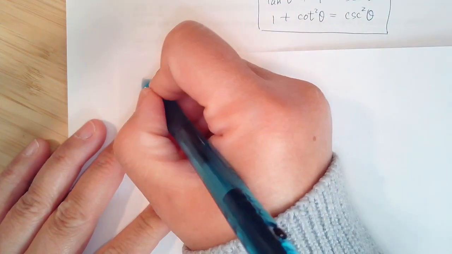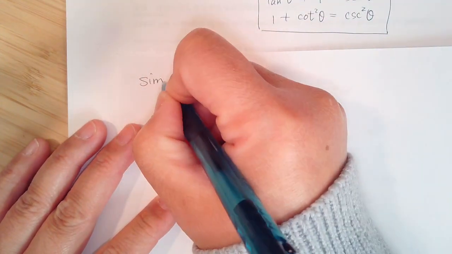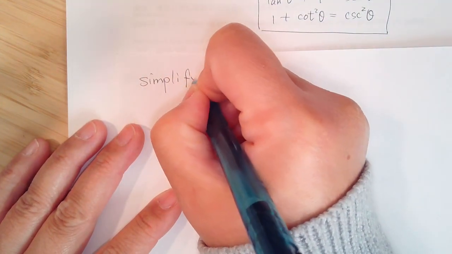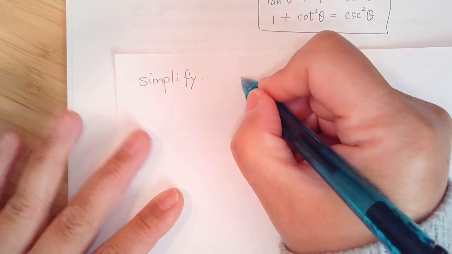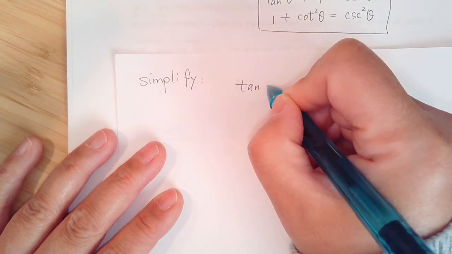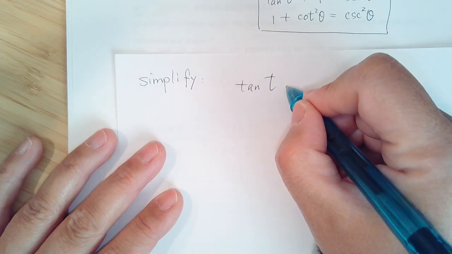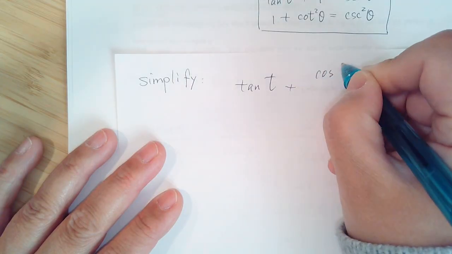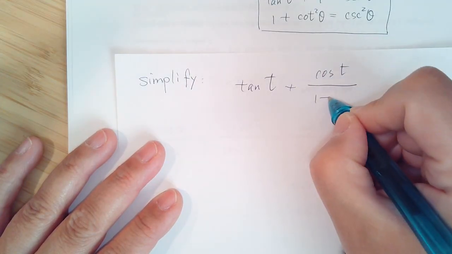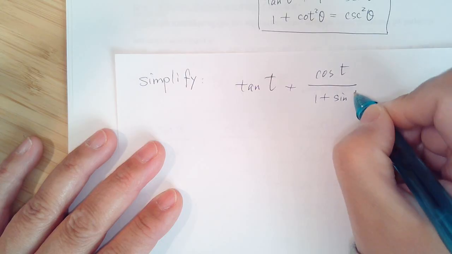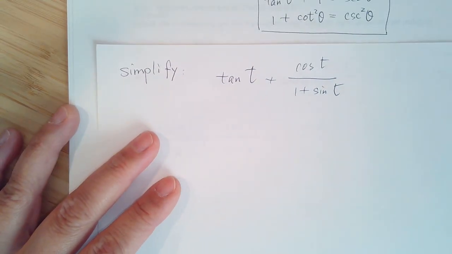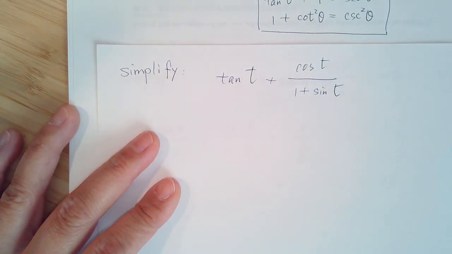Simplify this: tangent t plus cosine t over 1 plus sine t. In this case, the angle is t. It doesn't matter, t or theta or x.